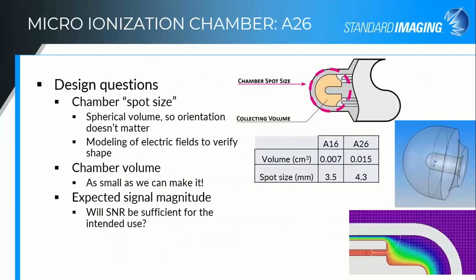And as we were going through this design, there were several things that we had to consider. One was, of course, the chamber spot size. We made it spherical on purpose so that the orientation doesn't affect your volume averaging if you're turning the chamber about its center point of measurement.